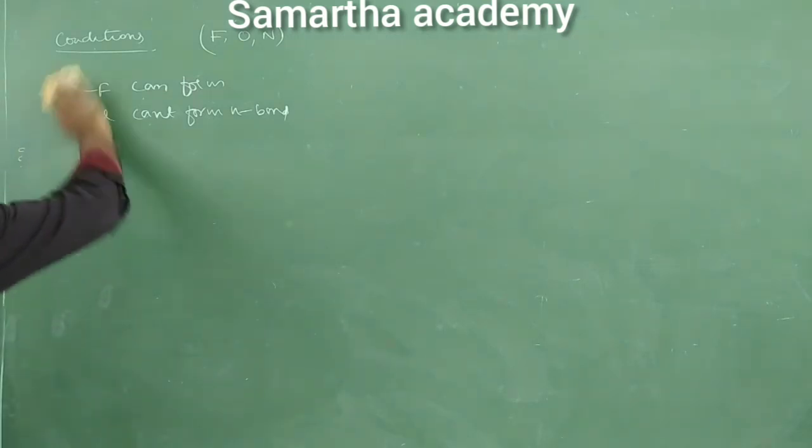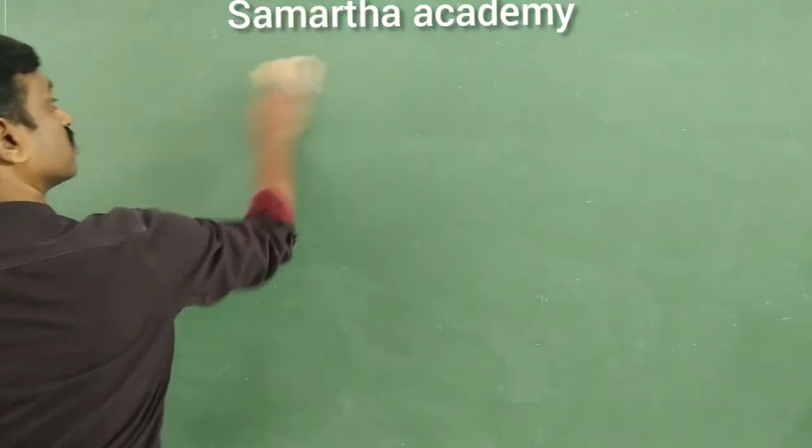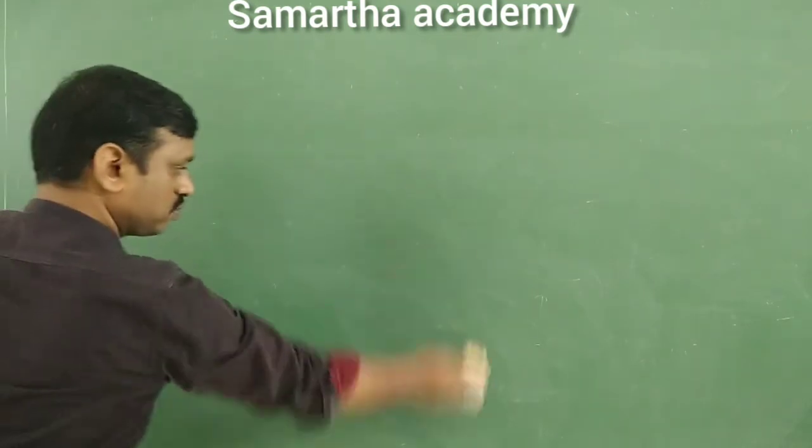This is because chlorine has a large atomic size. Okay.